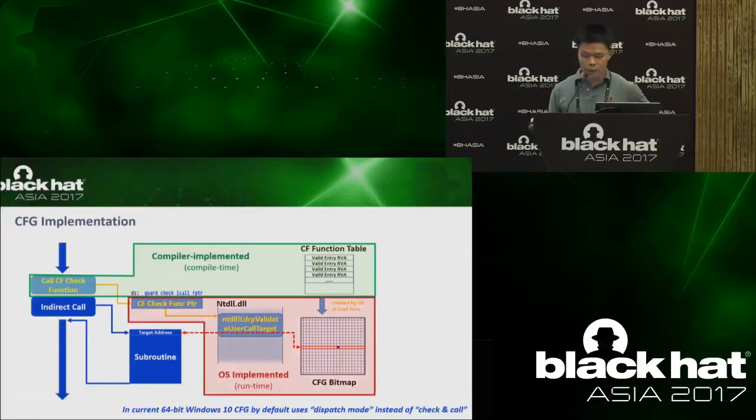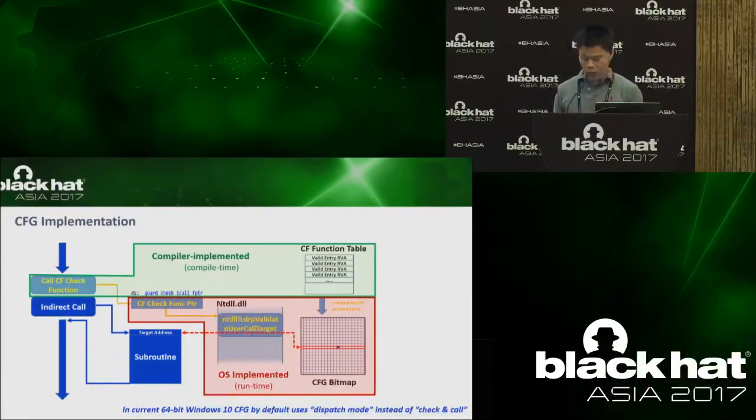Meanwhile, the operating system does the bottom half of this picture. It points the check function pointer to the function LdrpValidateUserCallTarget in the NTDLL library, and generates the CFG bitmap based on the safe function table from the compiler.